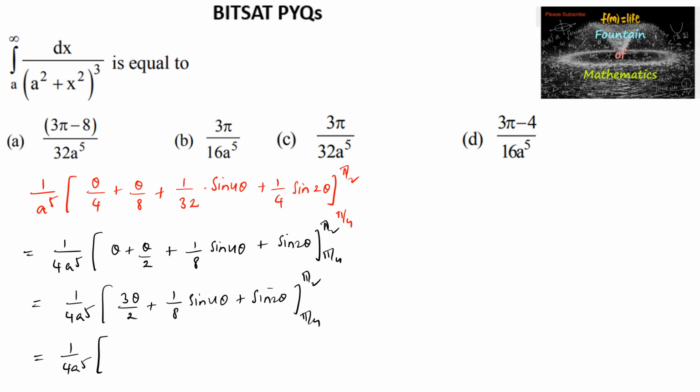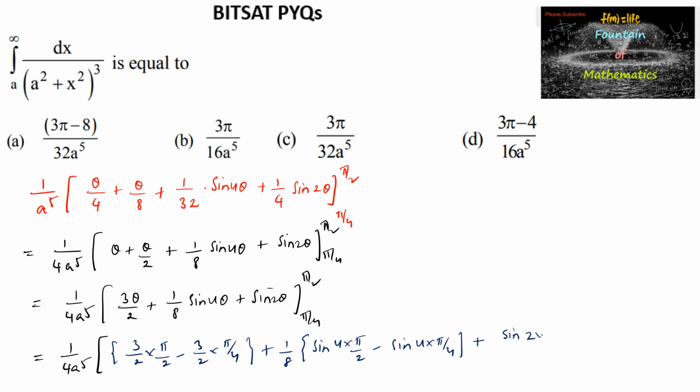upper limits 3 by 2 into pi by 2 minus 3 by 2 into pi by 4, and again plus 1 by 8 into sine 4 into pi by 2 minus sine 4 into pi by 4, and again plus sine 2 into pi by 2 minus sine 2 into pi by 4.